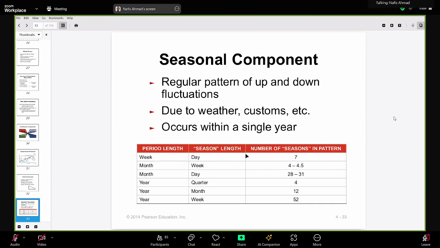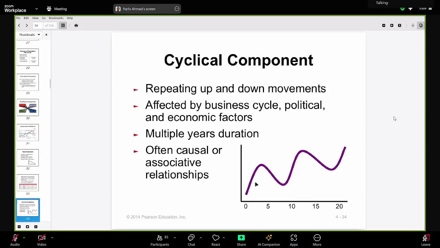We have to understand the nature of the product, or the seasonal variation of the respective product, and based on that, we have to forecast the demand in the future. So cyclical, as we mentioned earlier, seasonal, cyclical variation.